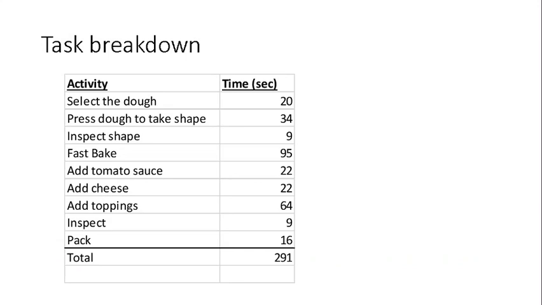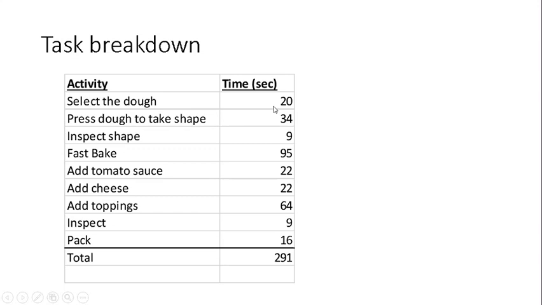A manager should first of all identify the necessary tasks and break them down into a table similar to this one. You can see here to the left side the tasks that have to be performed in order to produce one unit, one frozen pizza.